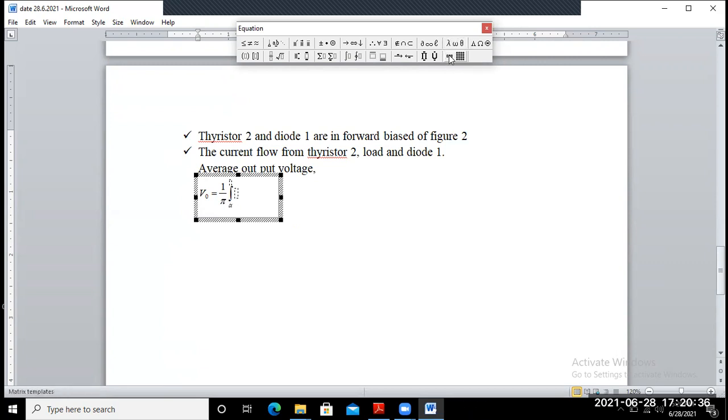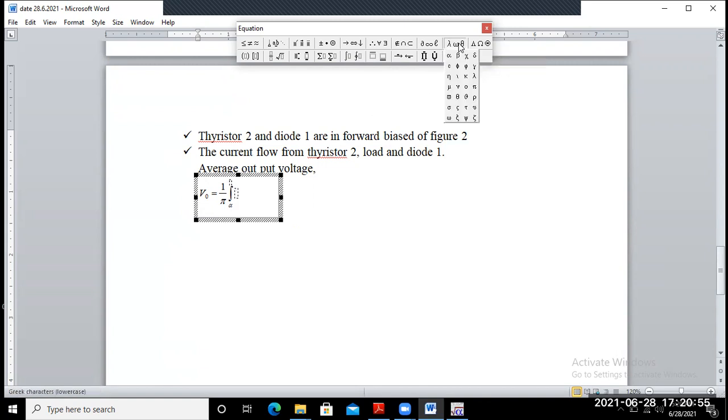Alpha to pi, since pi to 2 pi plus alpha is again 0. So the limit is alpha to pi.